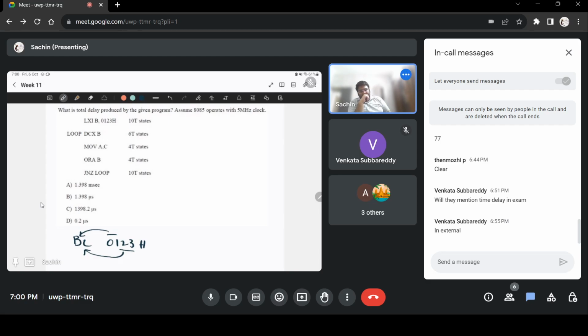Try it. Whether they'll give you this T-state data or not, you ask that in the group discussion. Those TAs who are involved with the setting of the exam paper will check the group discussion and might answer you.